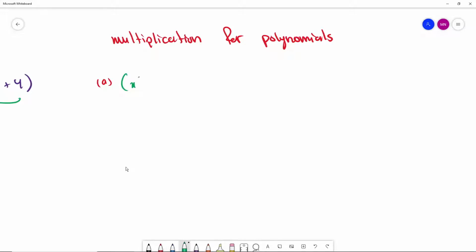For example, we have x to the power of 3 plus 2x squared minus x, and then x squared minus 3x plus 2. When you see these two brackets placed next to each other, it indicates a multiplication operation.